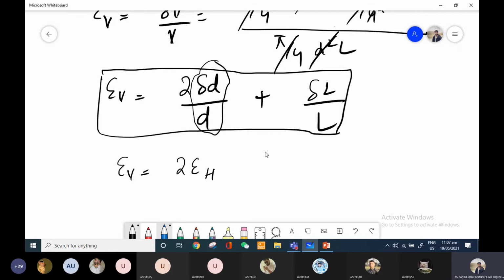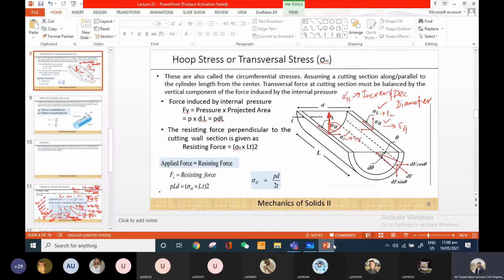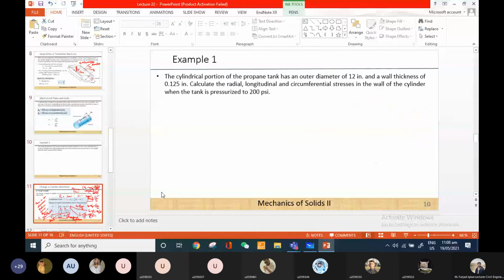It is epsilon H, because hoop strain is causing strain equal to delta D over D, and in the same way this change in length is caused by longitudinal strain, so I can write over here as epsilon L. So this is my expression for epsilon V in terms of epsilon H and epsilon L. Now I know the direct correlation which we have just derived for these epsilon H and epsilon L. Let's come back onto this one.